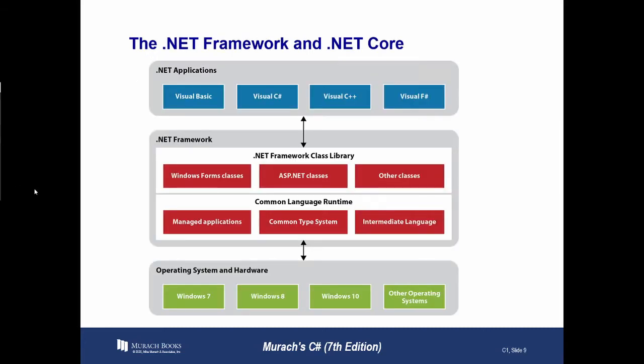This is an important slide to understand in that we've got at the very top band these .NET applications. So you see Visual Basic, Visual C#, C++, F#, and they are able to communicate with these .NET frameworks. Okay, and you can see there in the middle, it's Windows Form classes, ASP.NET classes.